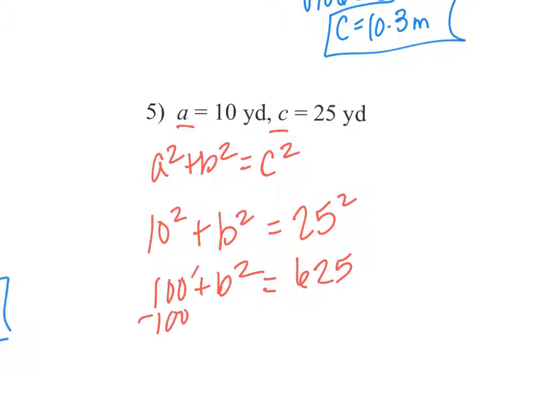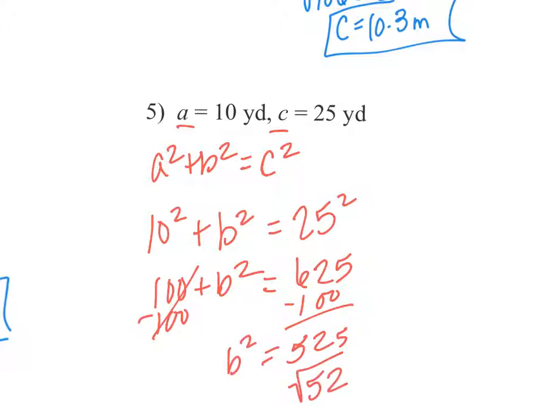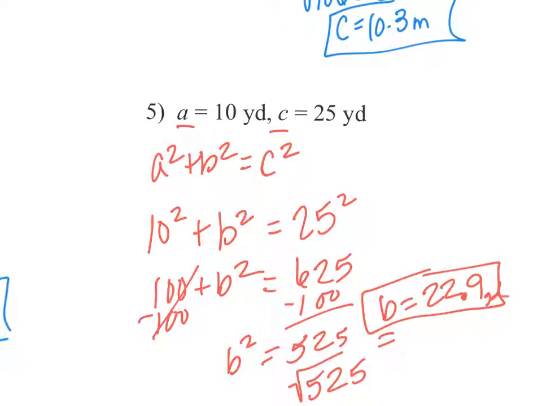So we can subtract that 100, get rid of it. 525 is B squared. So we'll take that square root. So the square root of 525, 22.9. So that's my length for B, 22.9 yards.